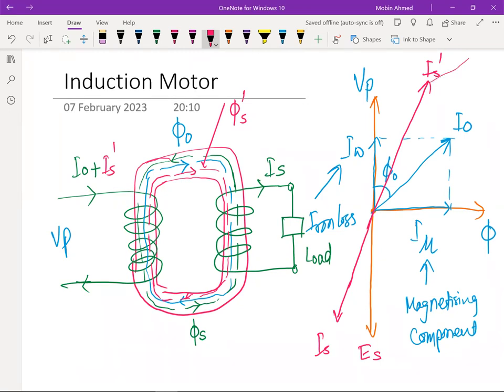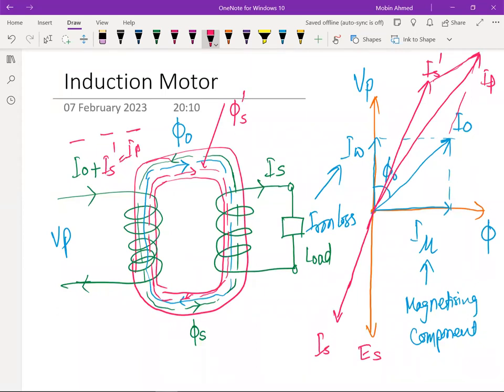Now these two currents, if you see the parallelogram of this one, you will find this is the current that is going to flow due to the load. So IP, the main actual primary current. Now this one is equal to basically the IP. These all are phasors.